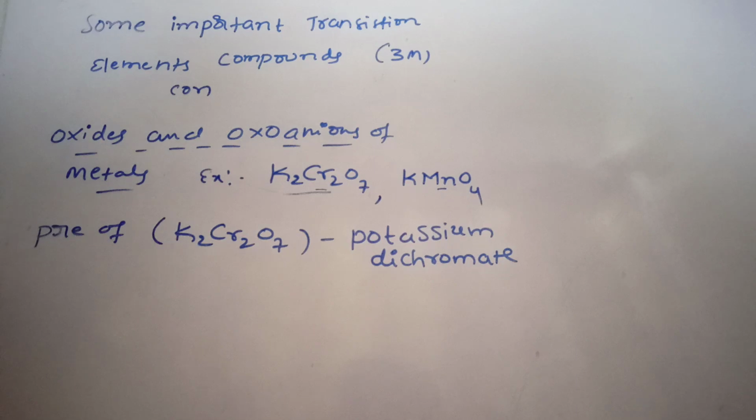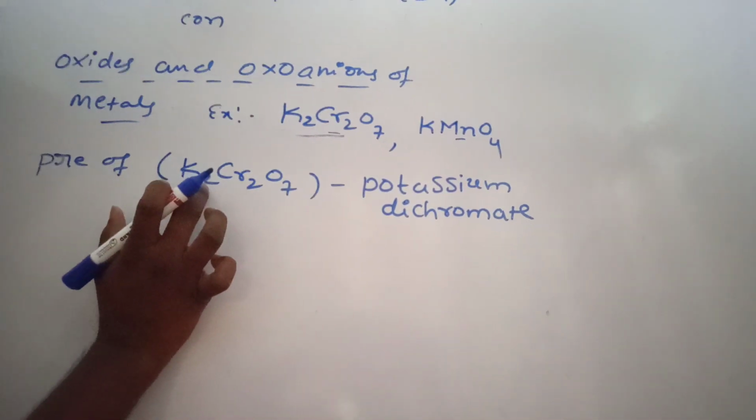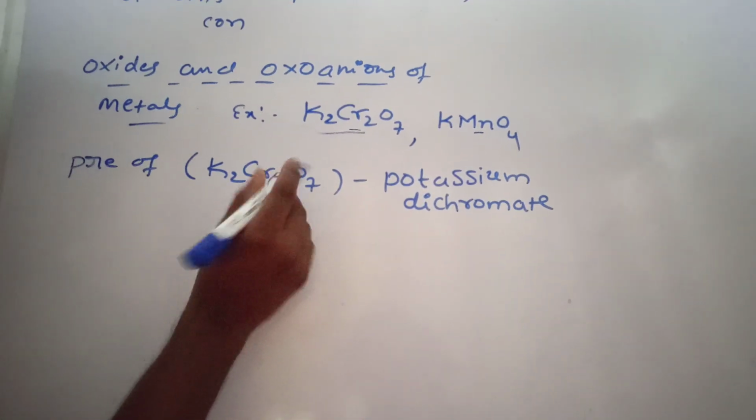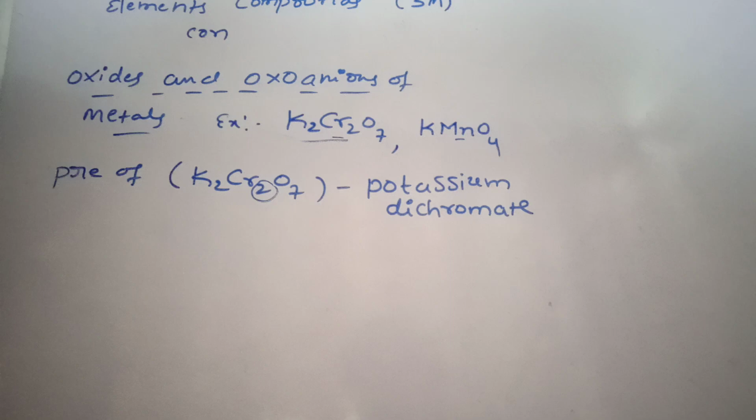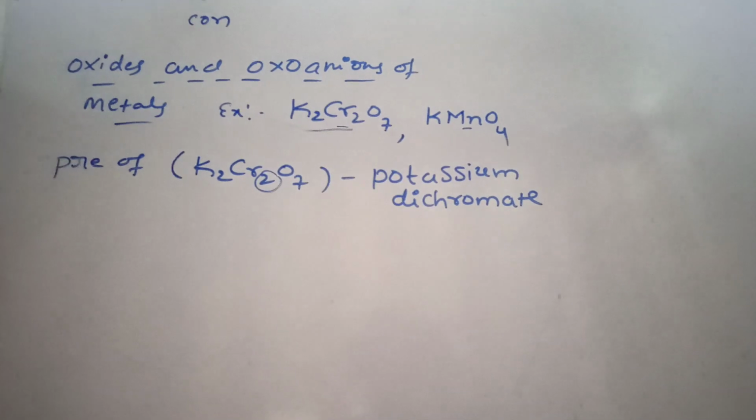The name is also very important. K2Cr2O7 name is potassium dichromate. K means potassium, here chromium 2 is there, dichromate, potassium dichromate. My target is to prepare this one.